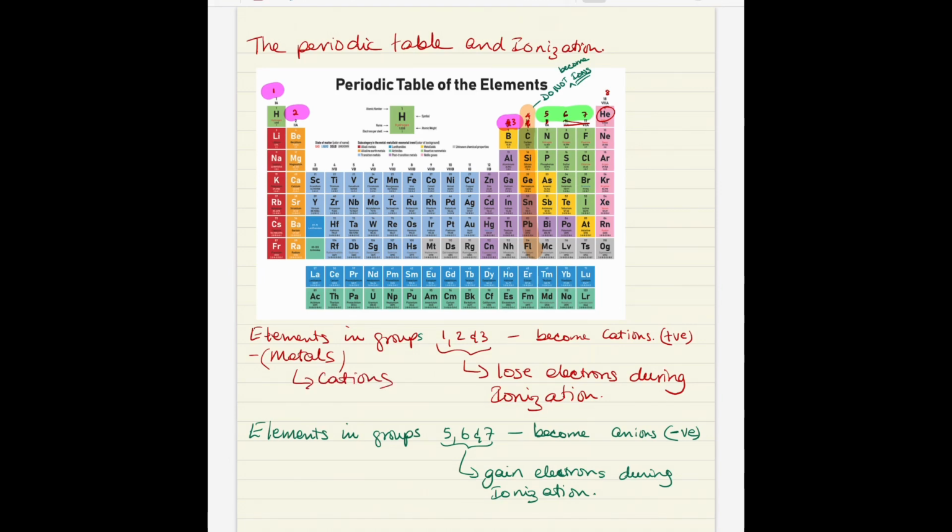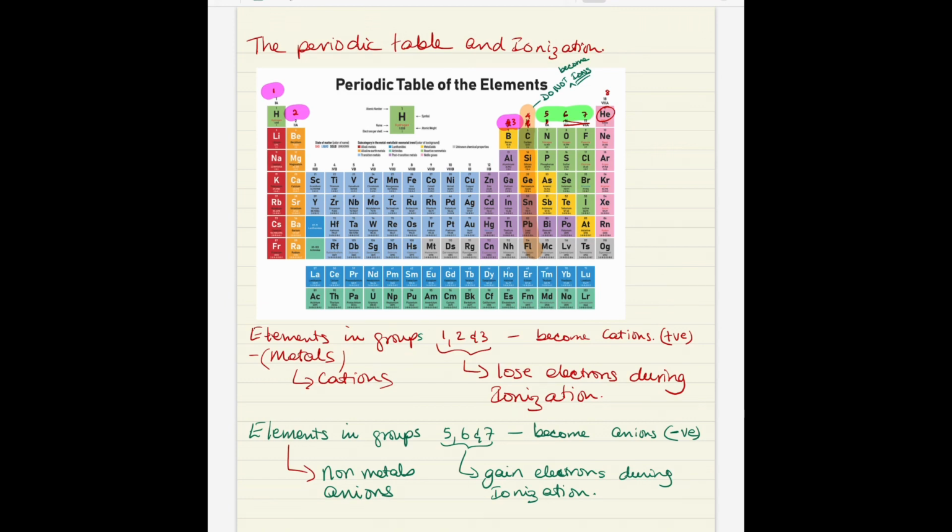So the next thing to note is that metals become cations, whereas non-metals become anions. Non-metals are going to be negatively charged when they ionize, and metals will become positively charged when they ionize.